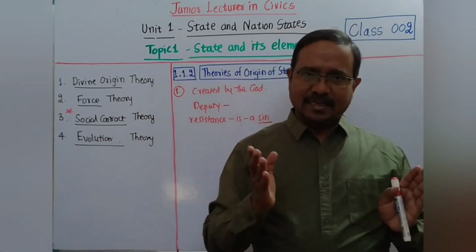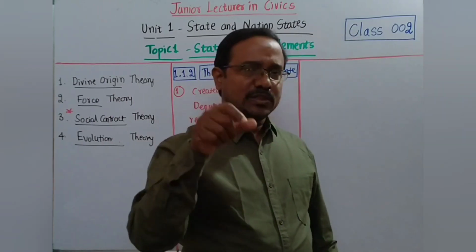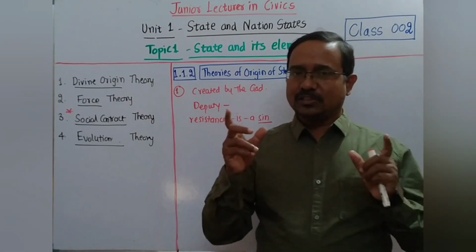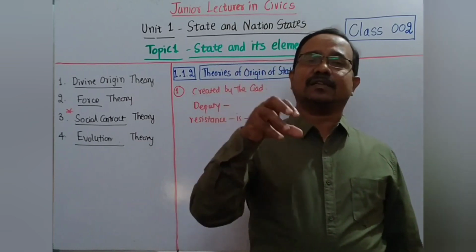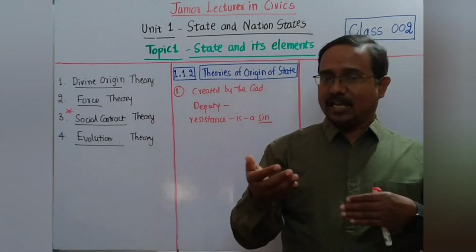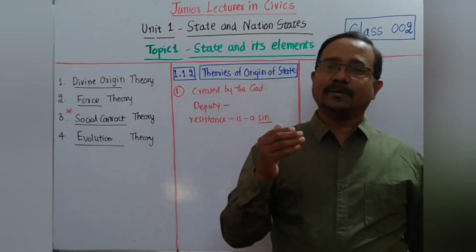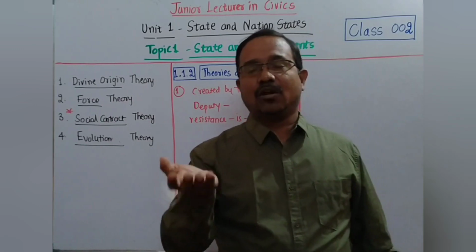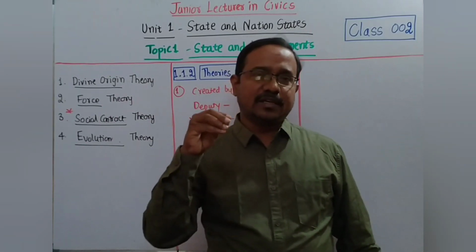The people in a clan or tribe or society have made a contract with the person who is physically and mentally capable of ruling that clan or tribe or society. They have made a certain type of contract with the ruler, and they have submitted some freedom to him, and they have to obey his orders. This is called the social contract theory.